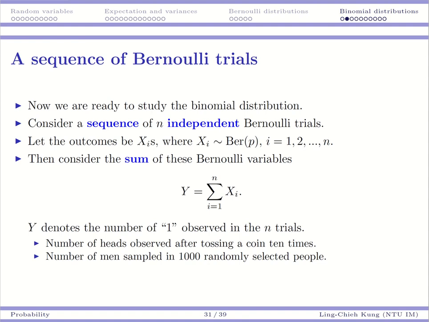Okay, so now let's say we have Bernoulli trials, and we have independent Bernoulli trials. So we toss coins once, twice, third time, fourth time, and so on. We toss coins several times. So that's independent Bernoulli trials. Or you have customers walking in front of you.